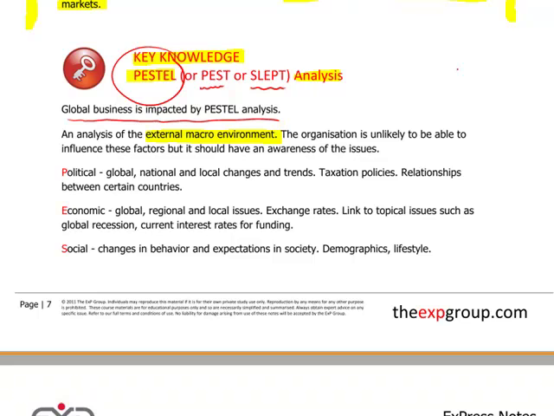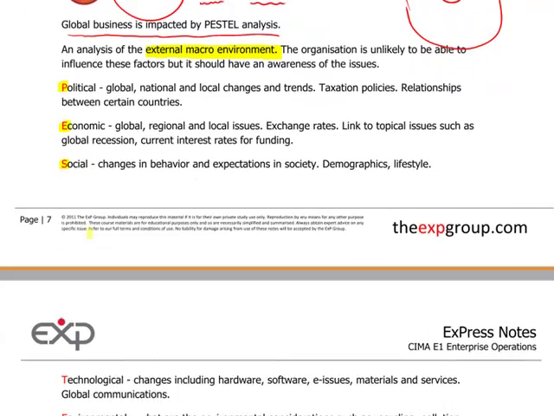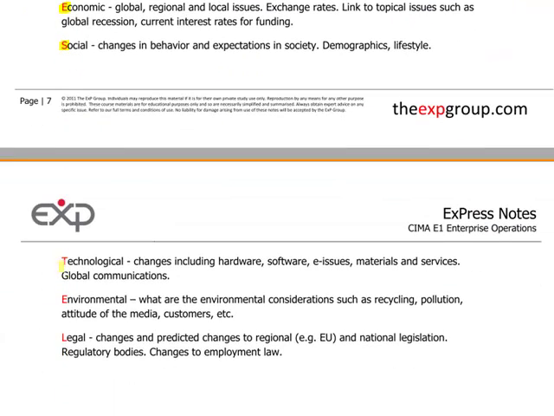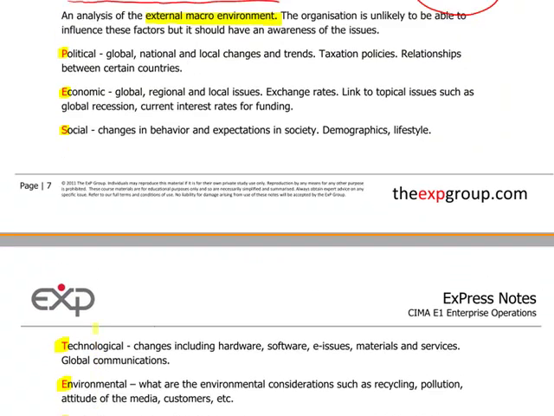So in simple terms, if this is the organization, Pestel is everything which is external to the organization. And the term Pestel comes from political, economic, social, moving down to the next page, technological, environmental, and legal. And under each of these headings, there can be an impact on the organization.